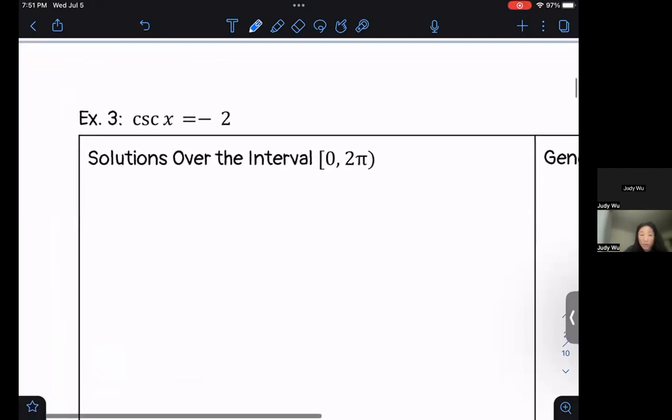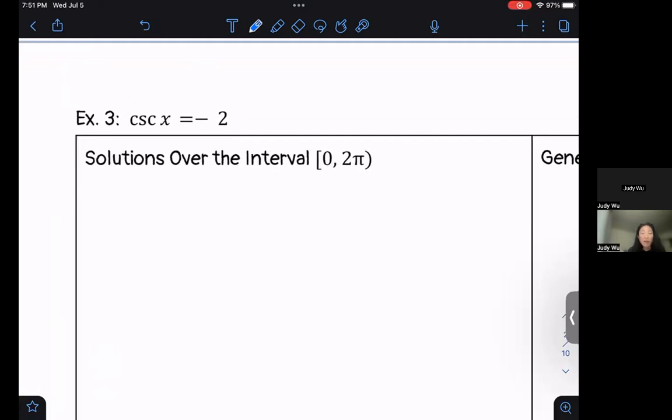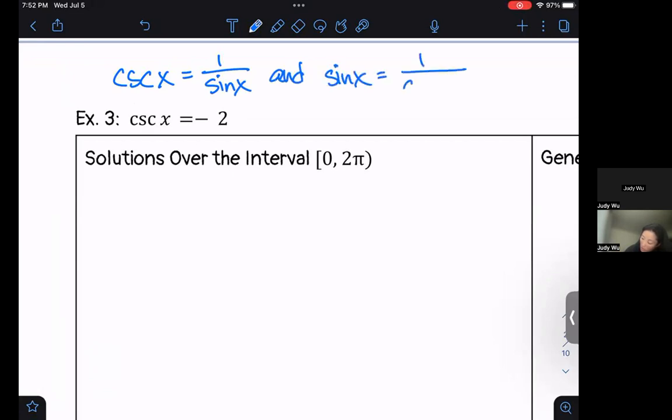I know that cosecant and sine are reciprocal functions, right? So that means that cosecant x is equal to 1 over sine x, and sine x is equal to 1 over cosecant x, all right? That's what it means to be a reciprocal.